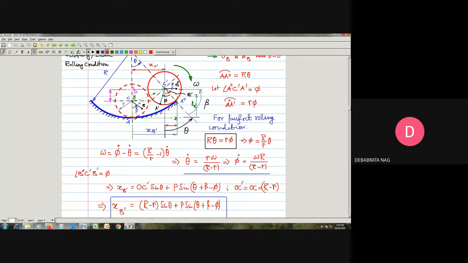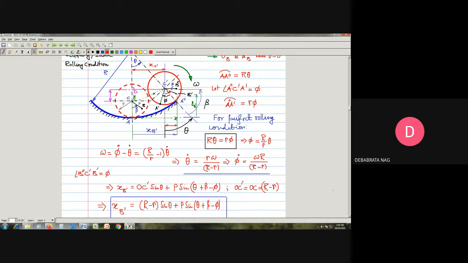We need to add to it, because this height we have calculated as capital R minus small r into 1 minus cos theta. That is going to be this height, but we need to add to it the r, because our origin is here. So we need to calculate the total height from A to C dash.